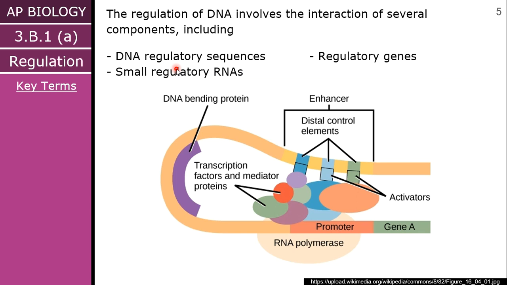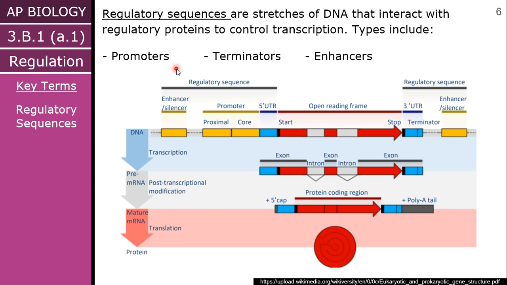There are going to be entire genes that are called regulatory genes that code for proteins or allow us to manipulate other genes. We'll get to that in a second. And then we also have small regulatory RNA molecules that can interact with the DNA in some ways to either prevent or promote transcription.